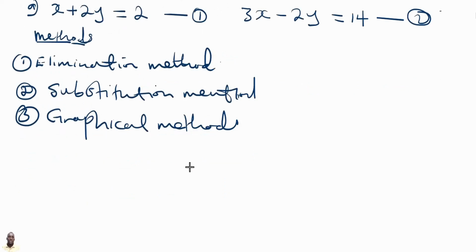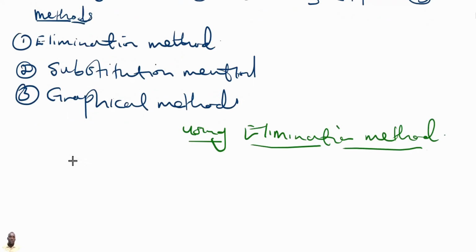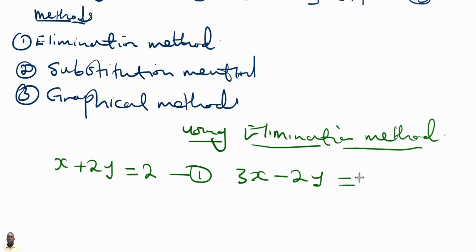So as we said, we are using the elimination method. Remember, we have our equations as x plus 2y equals 2 as our first equation. Then the second equation is 3x minus 2y equals 14, and this is our equation 2.